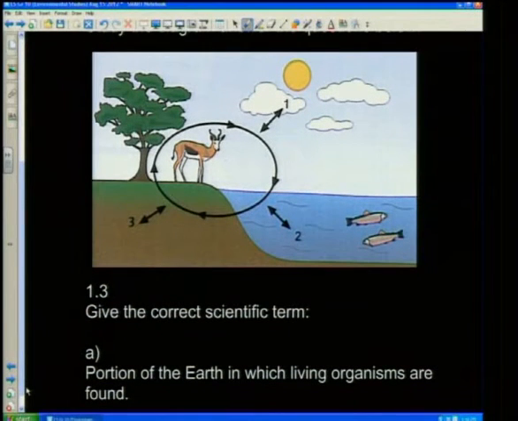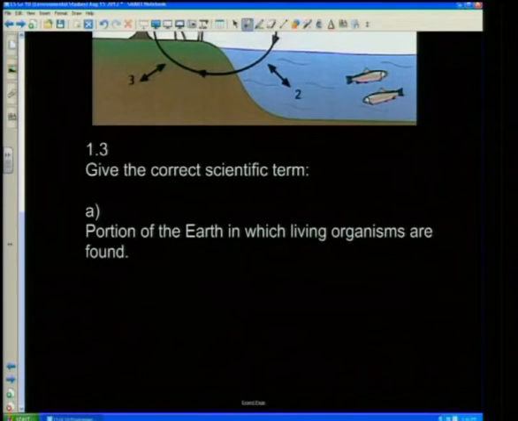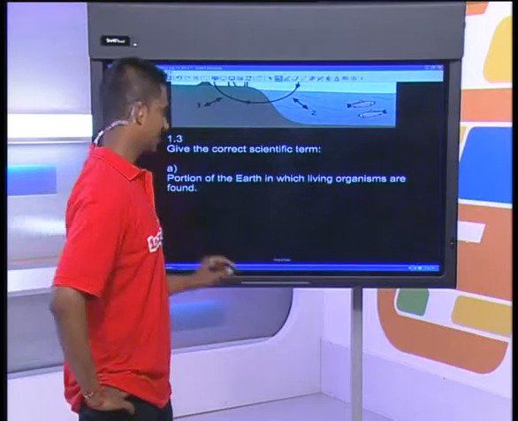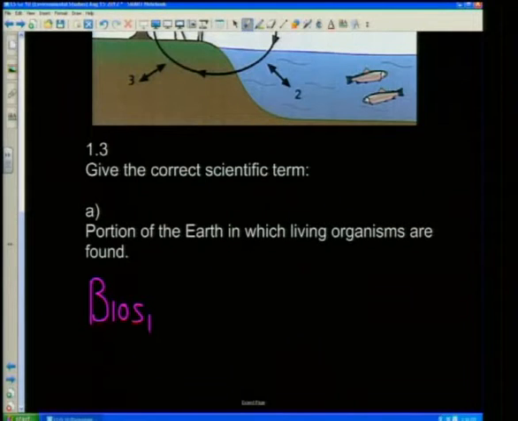Give the correct scientific term for the portion of the earth in which living organisms are found. And that's what we've been doing since the start of this lesson. And that would be the biosphere.